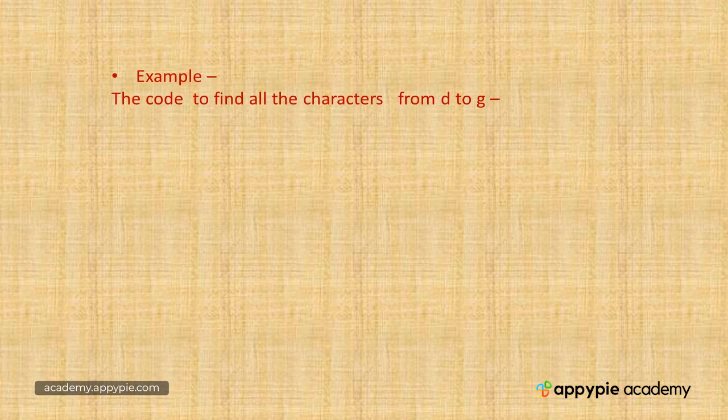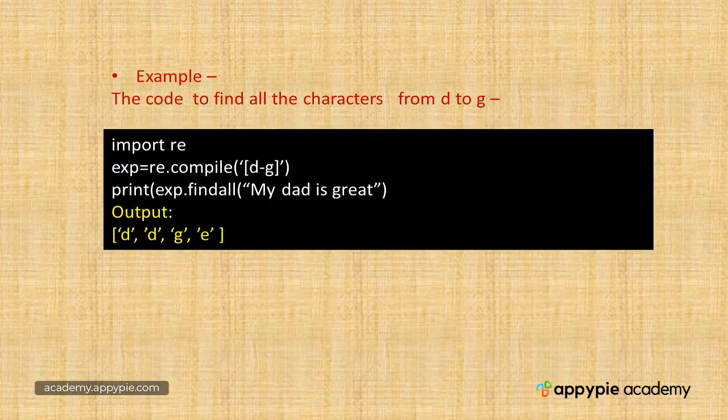Let's go down to another example. Here, suppose I want to find all the characters from letter D to letter G. So what I will do is, again, import RE, exp is equal to re.compile. See carefully, within parentheses and within single quotes, I am writing within square brackets D-G. It suggests a range.